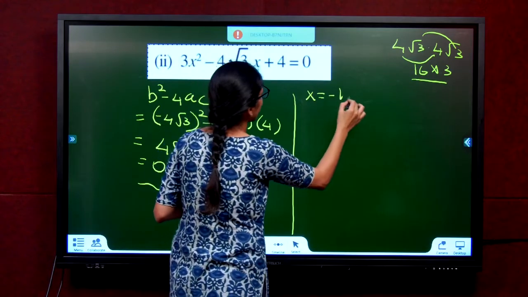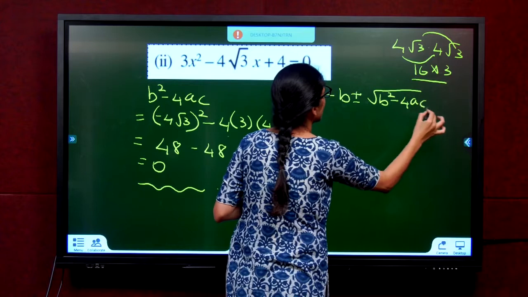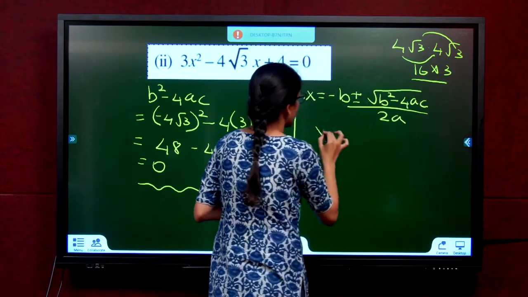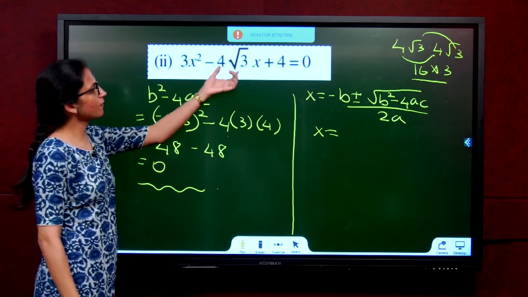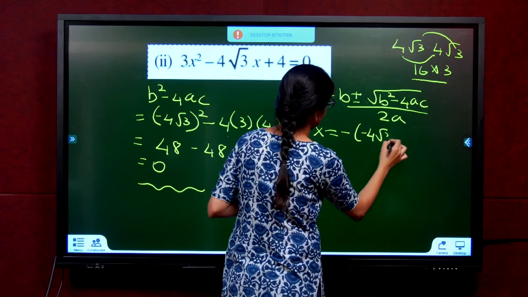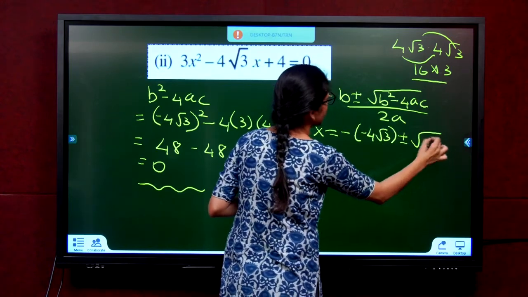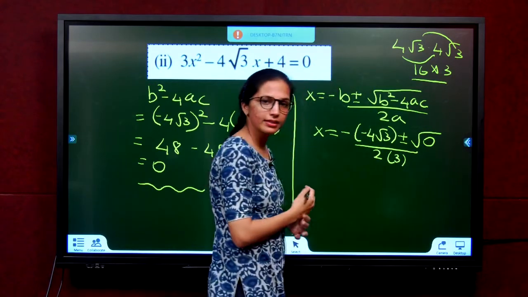x is equal to −b plus or minus root of b² − 4ac by 2a. x is equal to −(−4√3) plus or minus √0 divided by 2 into 3, that is 6.